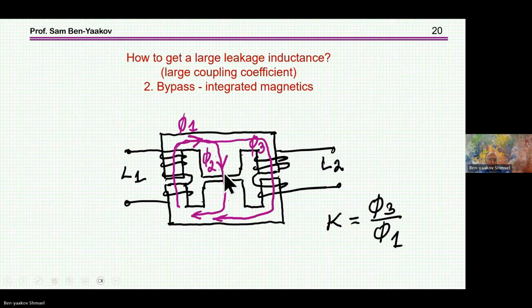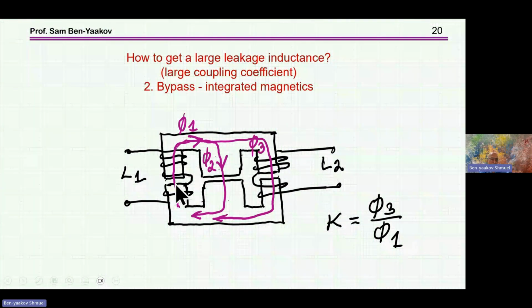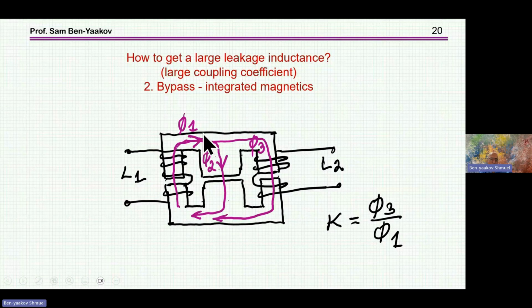And by this, more flux is escaping and less flux is getting to the other side. And the coupling coefficient is the ratio between the flux that eventually entered L2 divided by the original flux. So the more flux escapes, the smaller is phi sub 2, the smaller will be the coupling coefficient, and you can adjust it by the gap here and here. So this is one way to go, and this is a very good way to do that.